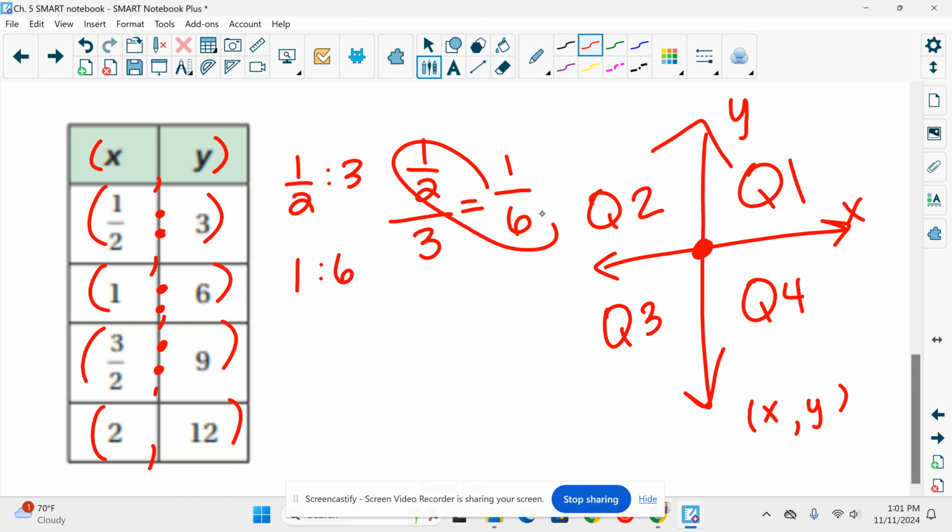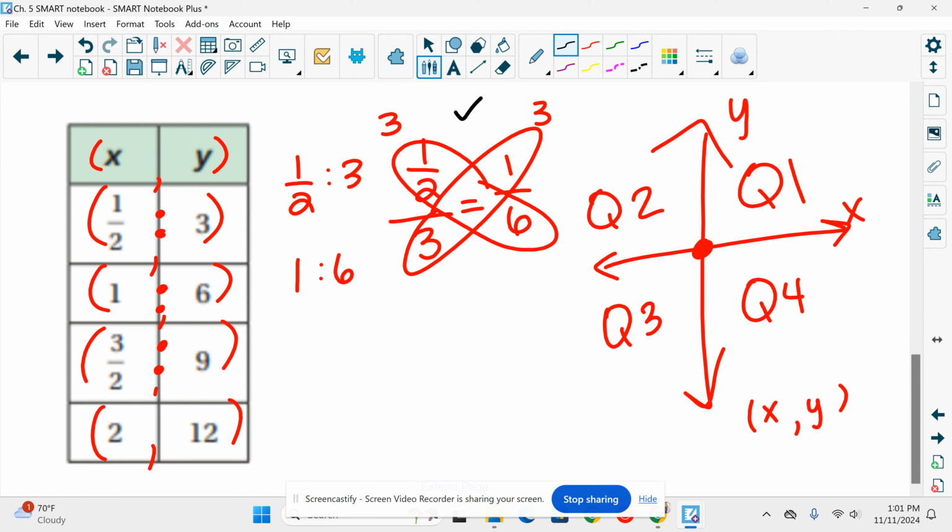I can cross multiply 1/2 times 6, and that gives me 3. And then 3 times 1, which also gives me 3. Are those equal? Yes. So far it's proportional. You don't want to just test 2 points. You want to test multiple ones, because what if all the other ones actually don't fall in line? Then you're going to get it wrong.